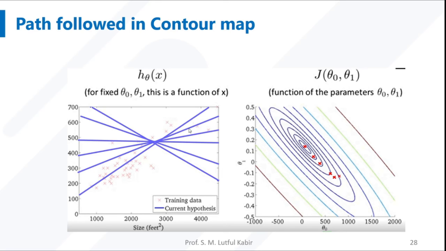And maybe this is the lowest error line, having the minimum cost function, and the red cross is at the center. As we move the hypothesis by changing theta 0 and theta 1, this is automatically done by the gradient descent algorithm. As we apply the gradient descent algorithm, the straight line will move from our initial straight line towards the best straight line, or best hypothesis.